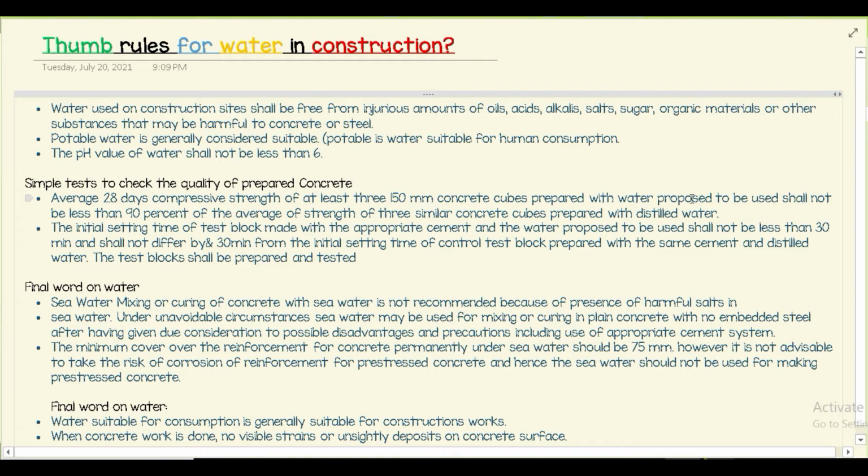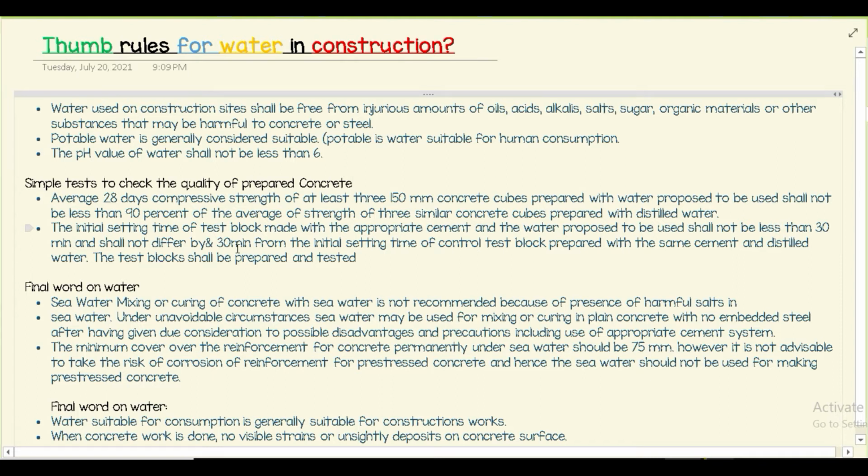And the difference between both of them shall not differ by more than 30 minutes, as in the last line. So the concrete prepared from the proposed water and the concrete prepared from the distilled water, the difference between their initial and final setting time should not be more or less than 30 minutes.